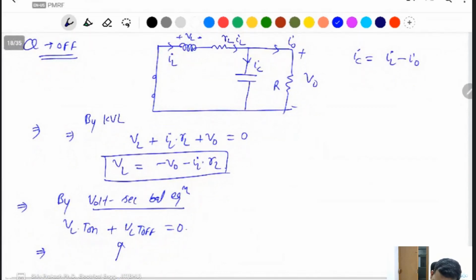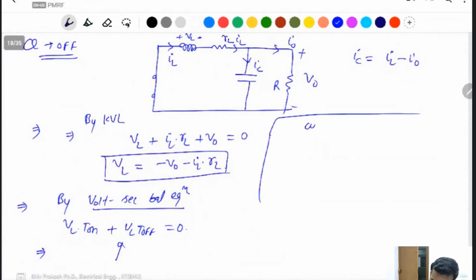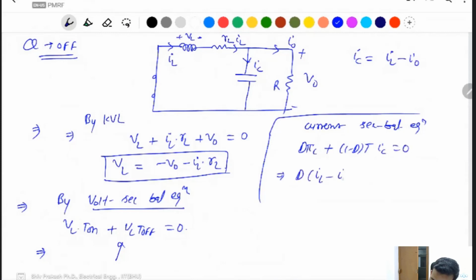If you apply the current-second balance equation, D IC plus (1 minus D) IC is equal to 0. When the switch is on, D(IL minus Io) plus (1 minus D)(IL minus Io) is equal to 0.